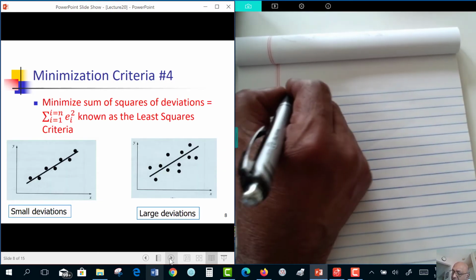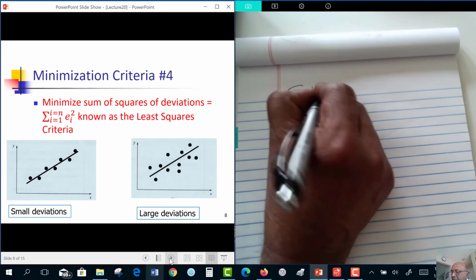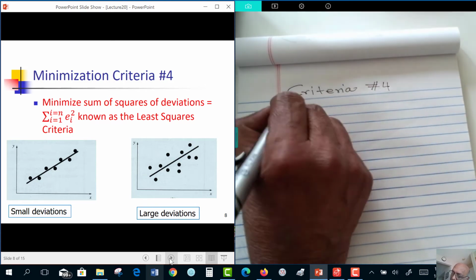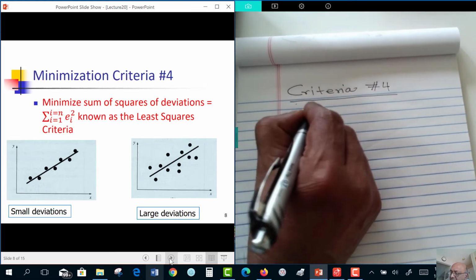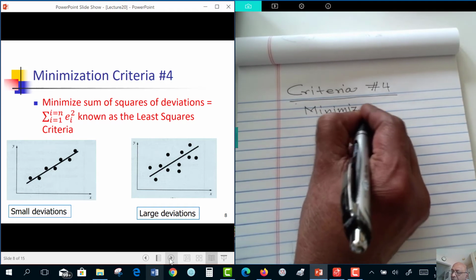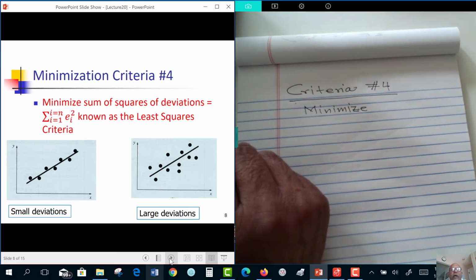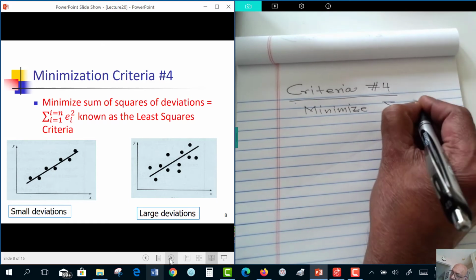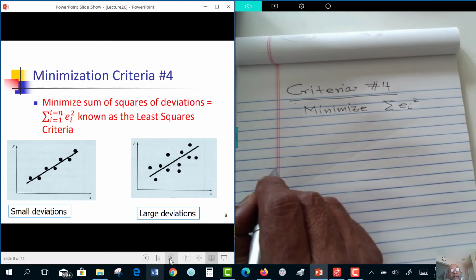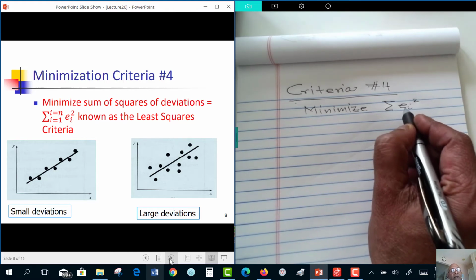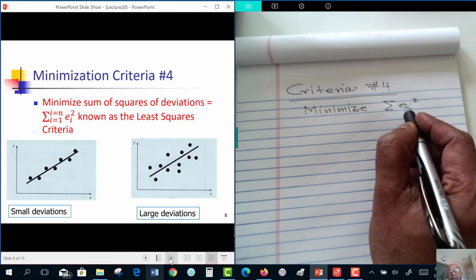So in the next criteria, we are going to minimize the sum of squares of deviation. So we are going to sum all the deviation squares. This way, if they are positive or negative, doesn't matter, they get squared, the sign gets squared.